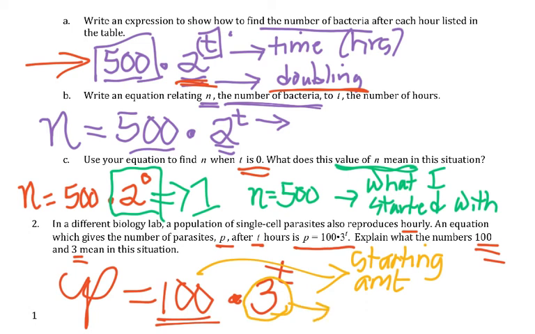Instead of it being 2, it is 3. So this means tripling. I am tripling my numbers each time. And T, we didn't have to figure out what T was. All we had to do was go: 100 is my starting amount. 3 means I'm tripling every hour.